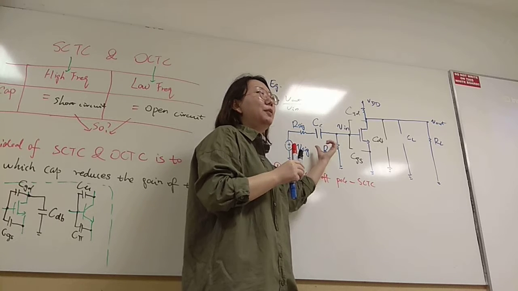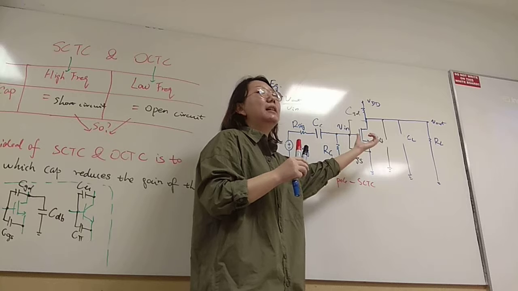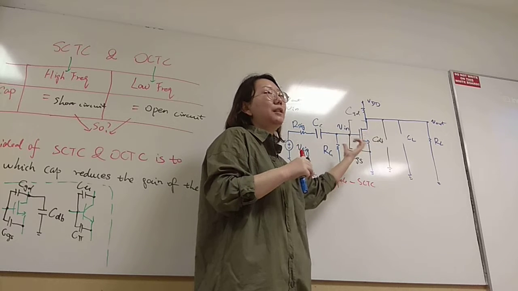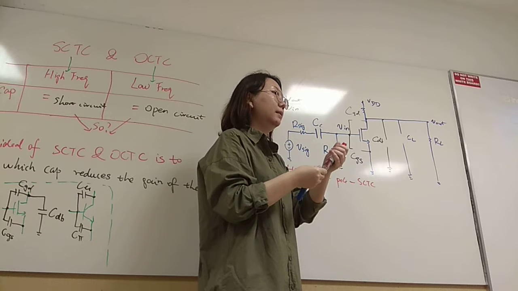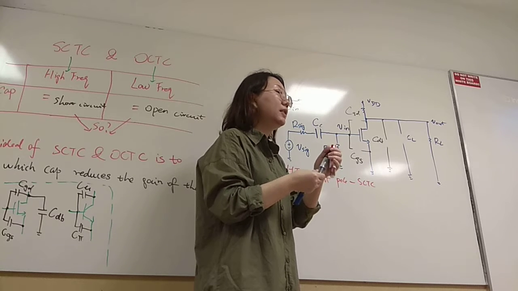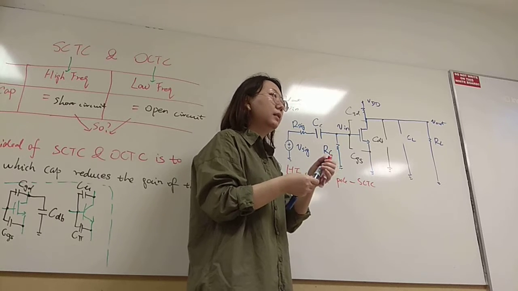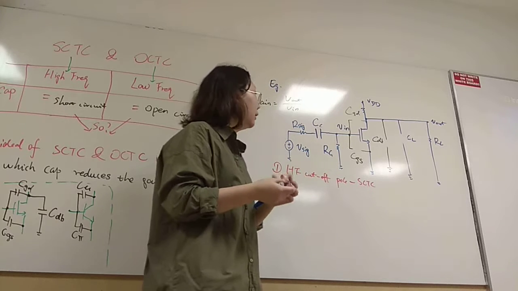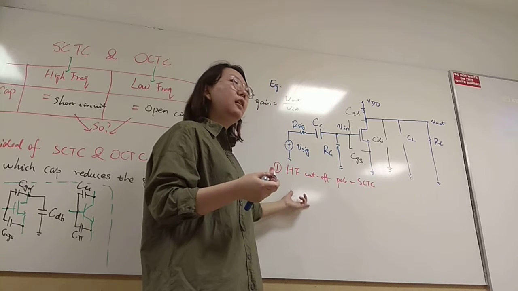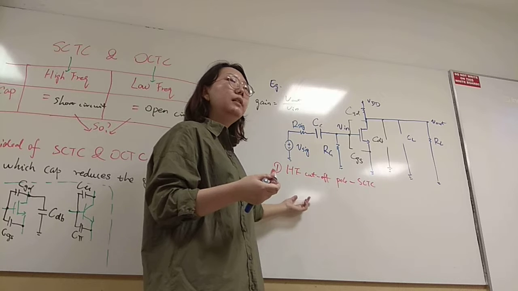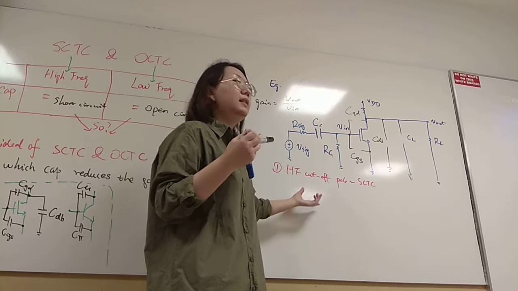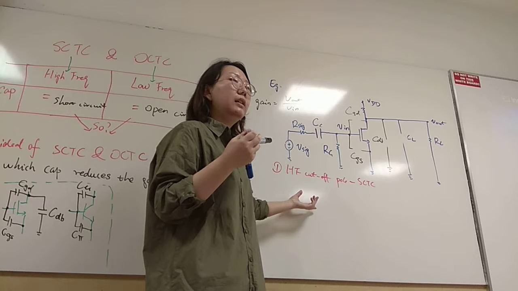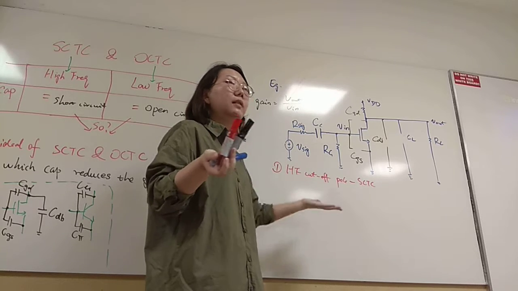We put it back because we need to analyze other capacitors, so we want to resume to the original circuit. For this part, it's just to help you find the cutoff. We are not doing the full circuit analysis. We only want to find which capacitor is the troublemaker.